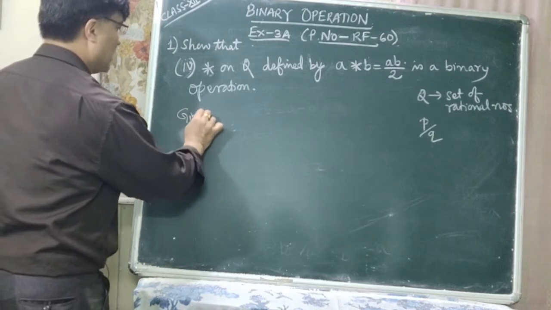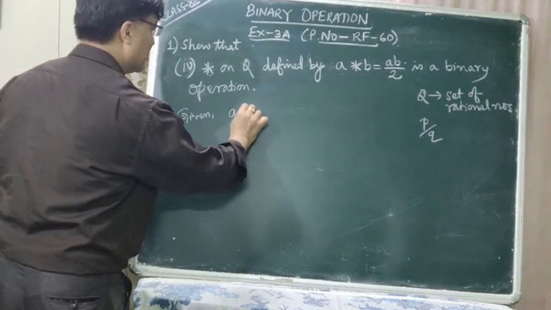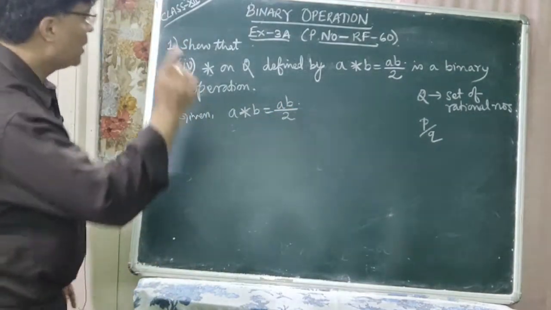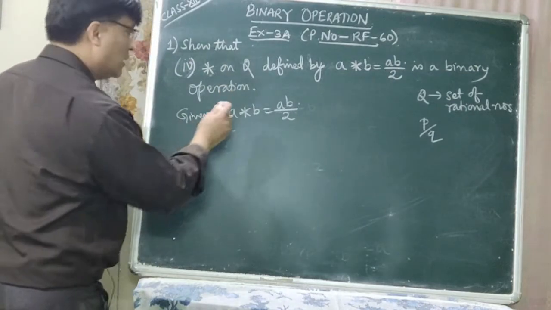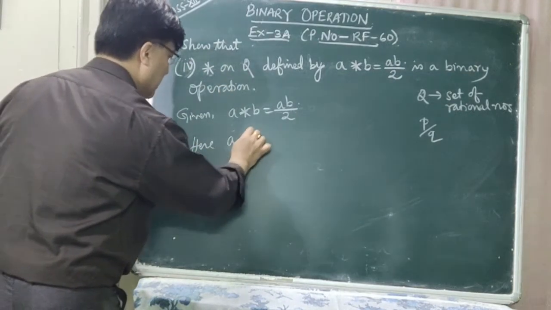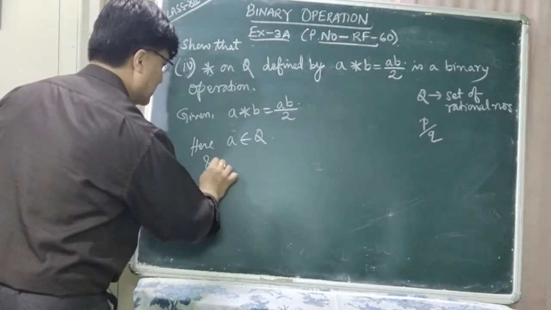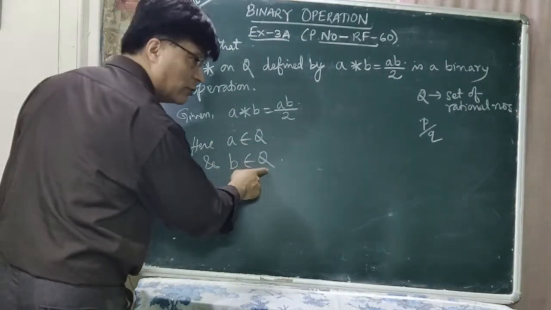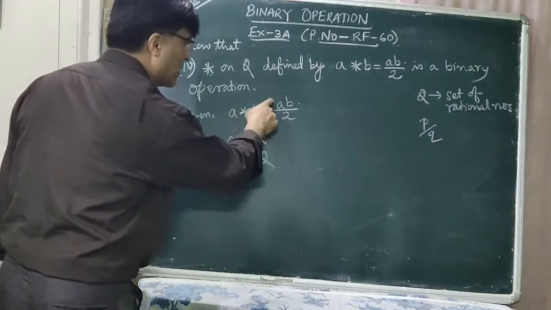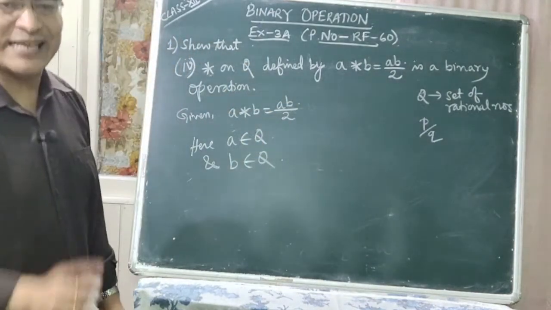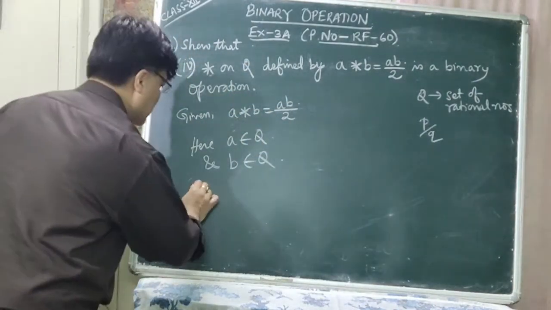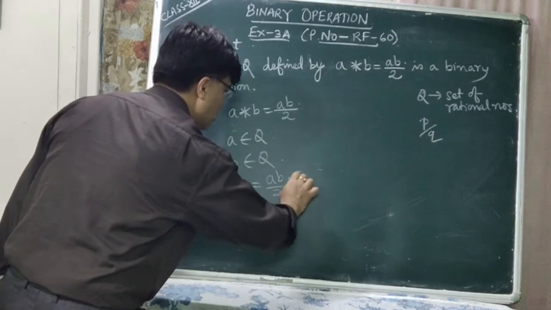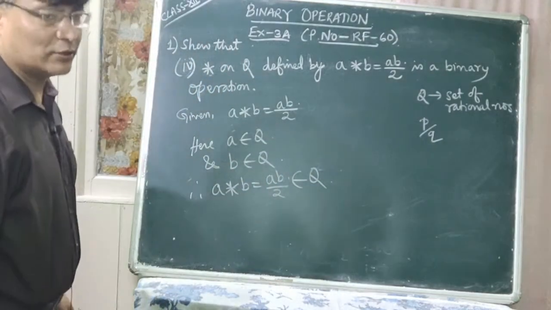Here star is defined as A star B is equal to AB by 2. If A belongs to Q and B belongs to Q, then naturally A star B is equal to AB by 2 also belongs to the set of rational numbers.